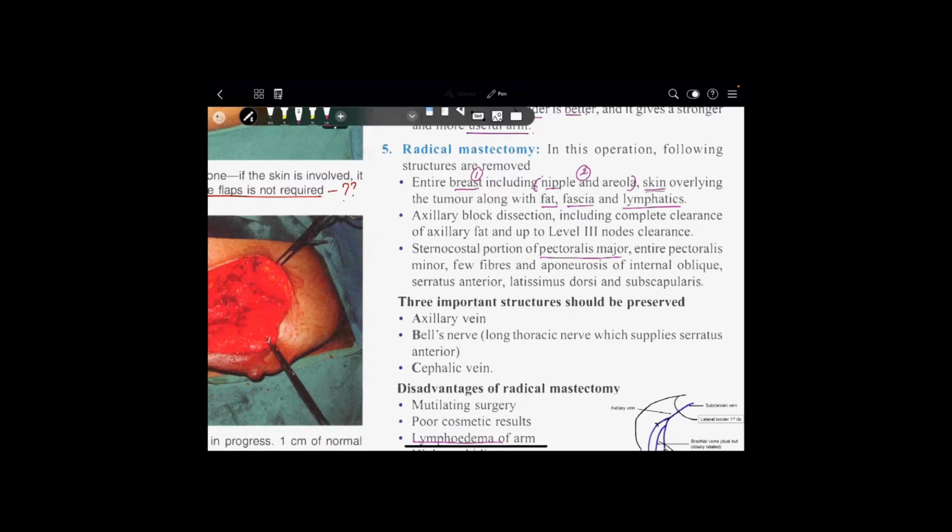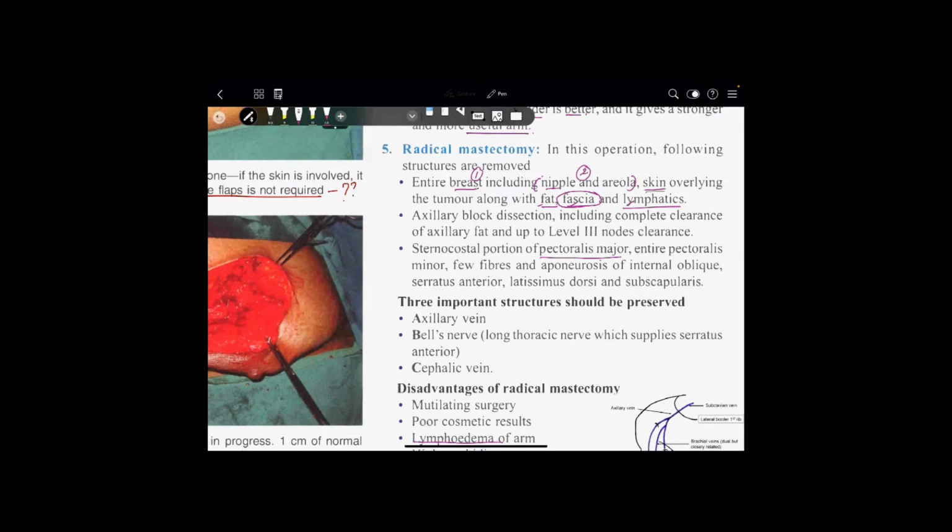But in this case, they have removed this as well, and the skin is also removed, and fat, fascia, and lymphatics. Lymphatics in the entire thing, even the axillary lymph nodes, and the lymph nodes within the fat are also removed, and the pectoral fascia is also removed.